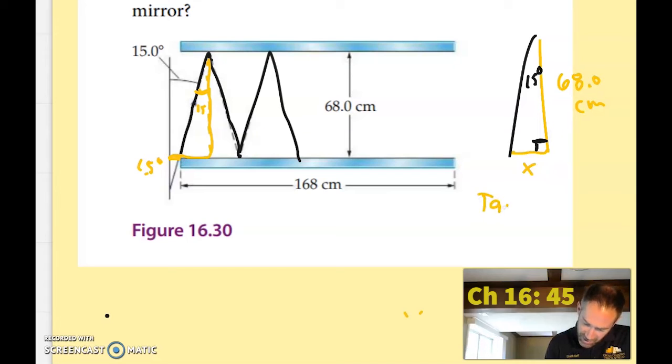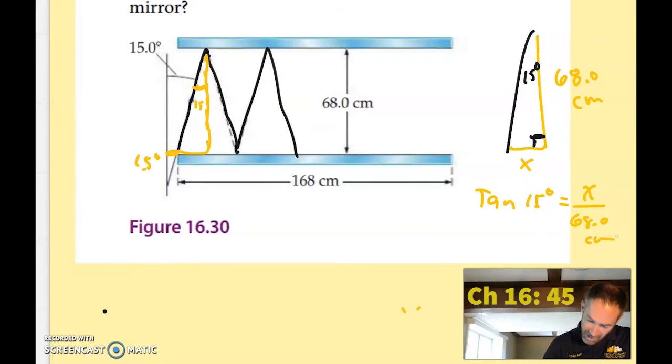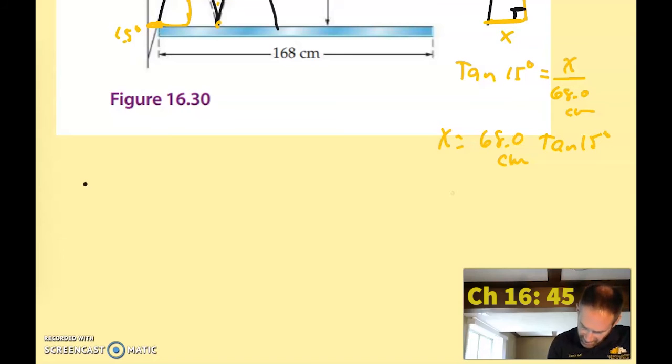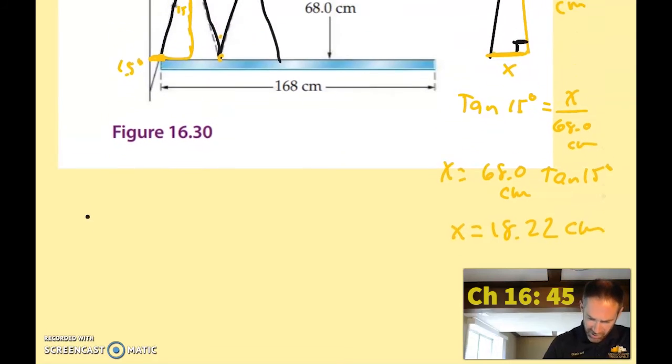I would say that tangent of 15 degrees is opposite over adjacent, X over 68 centimeters. Now if you go X is equal to 68 centimeters tan 15, you're going to get X is 18.22 centimeters.